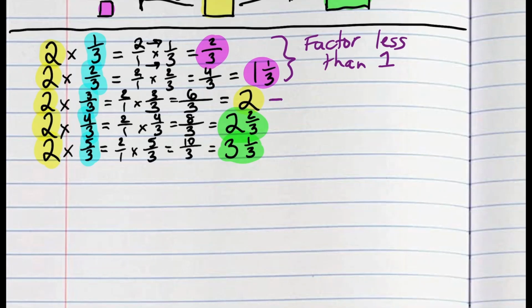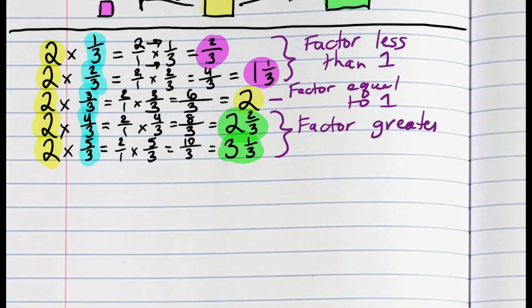In the third one, I multiplied by 3/3, which is a factor equal to 1. 3/3 is exactly 1. And in the last set, I multiplied by a factor that is greater than 1. 4/3 is greater than 1, and 5/3 is also greater than 1.